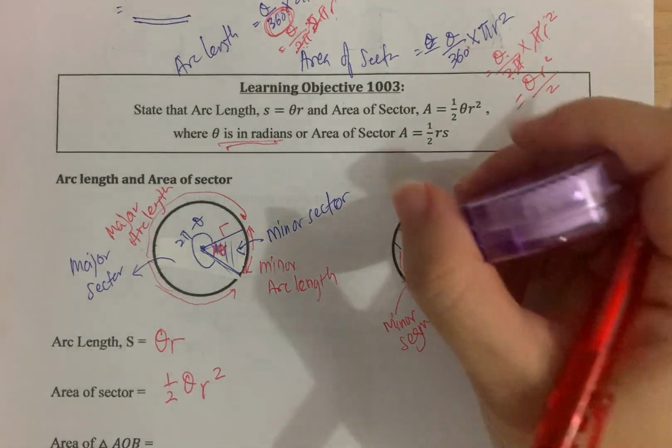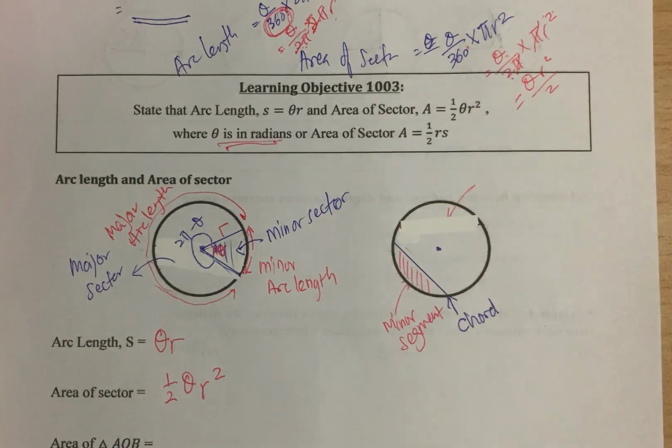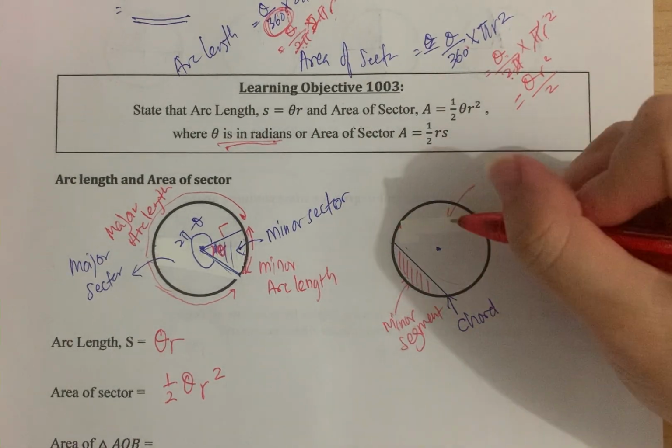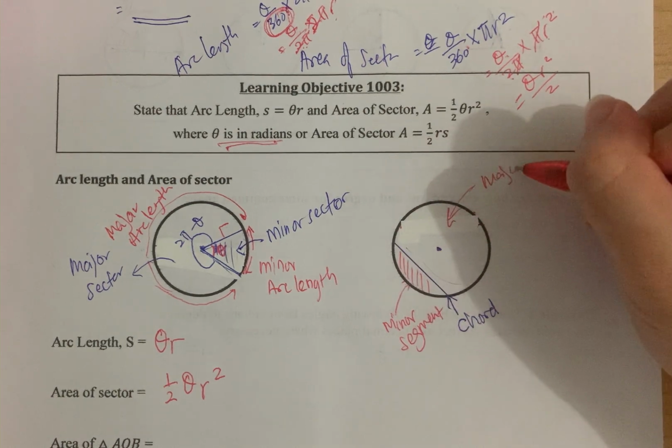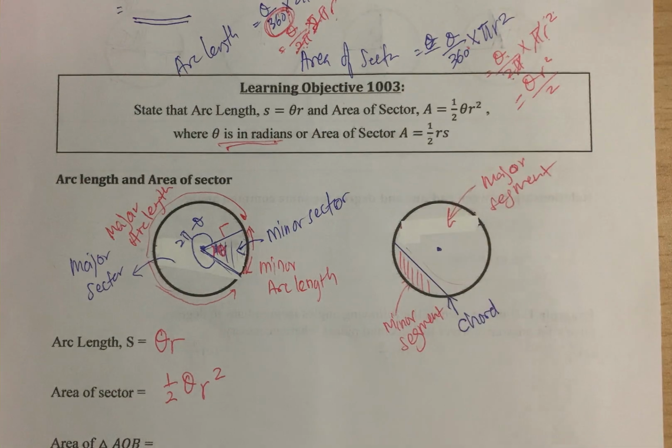I just want to tell you that a chord can be drawn in any way. So what's so special about this segment? Sometimes you will be asked to find the segment, okay?